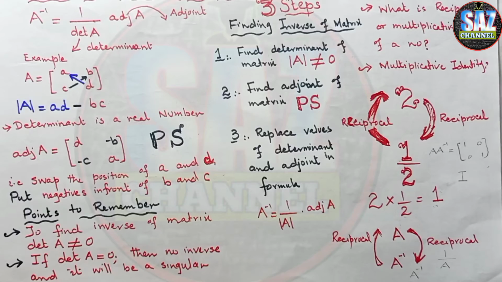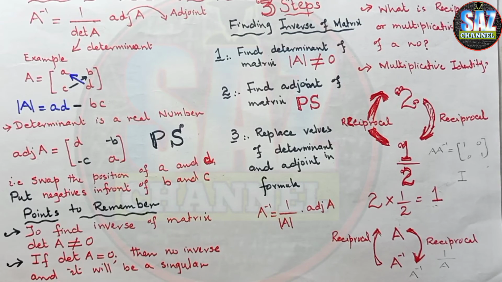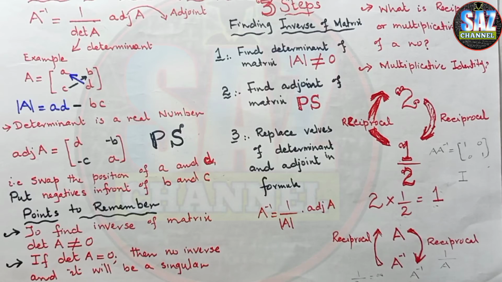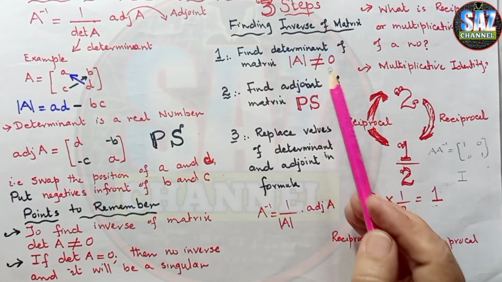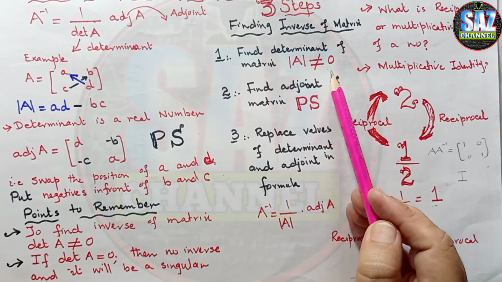Why should the determinant not be equal to 0? The determinant is coming in the denominator, and we have studied that when the denominator of a fraction becomes 0, the answer becomes infinity. So in case the determinant is 0, the inverse will not exist.